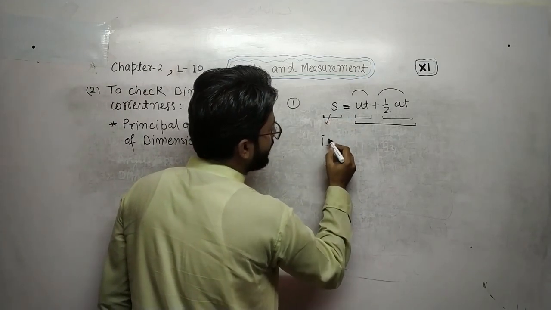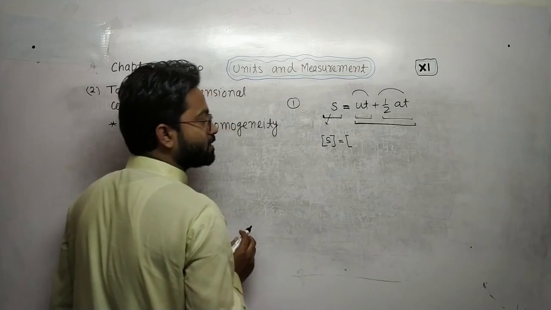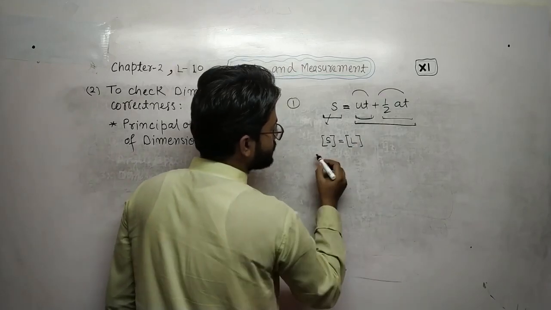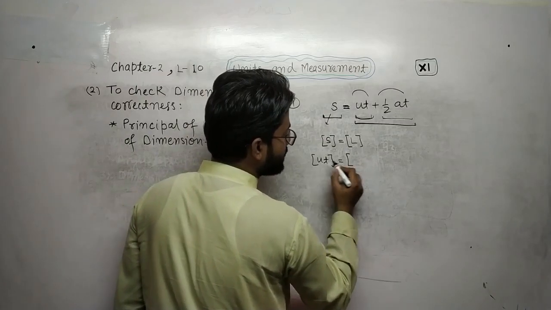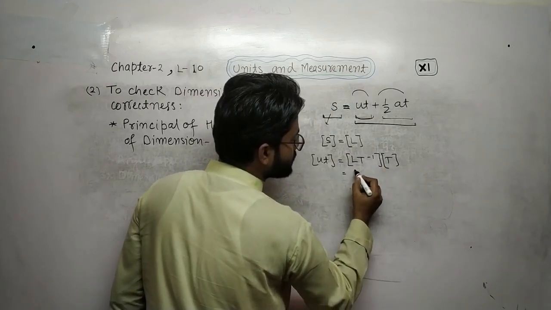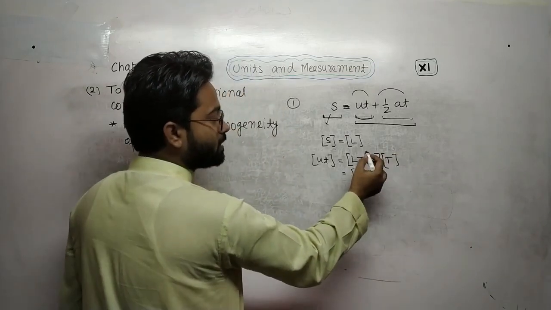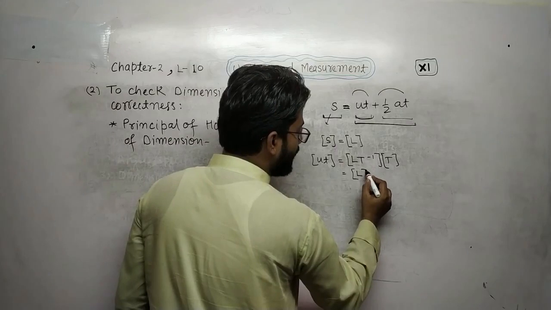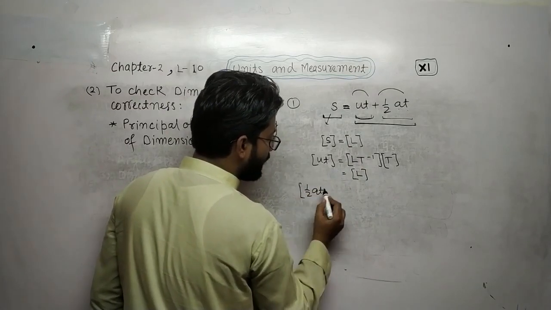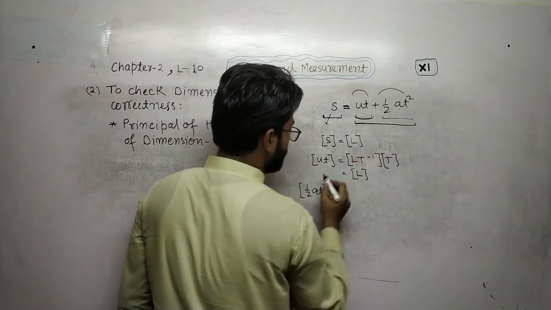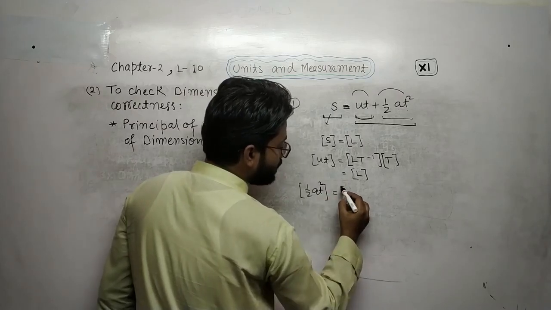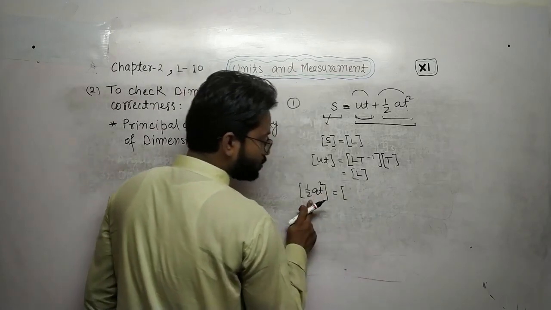S means displacement, and we know that the dimension of displacement or length is L. For ut, the dimension of u is LT to the power minus 1, and the dimension of t, time, is T. Combining these, you will have T to the power minus 1 plus 1, that means T to the power 0, that is 1, simply L. Now half at square: 1 by 2 does not have any dimension.